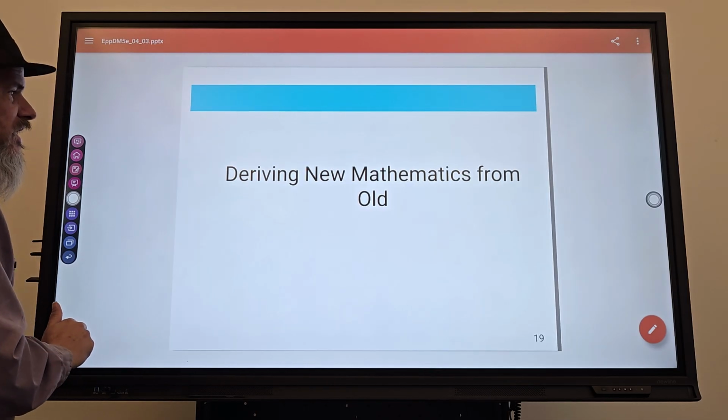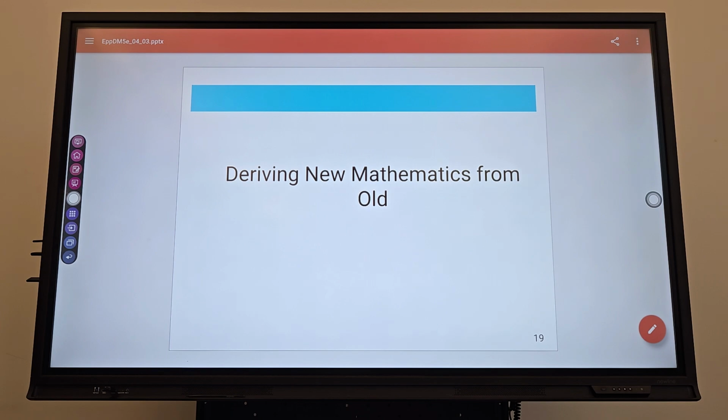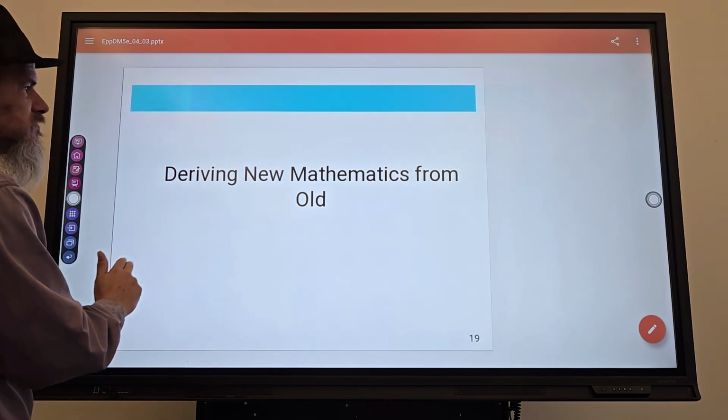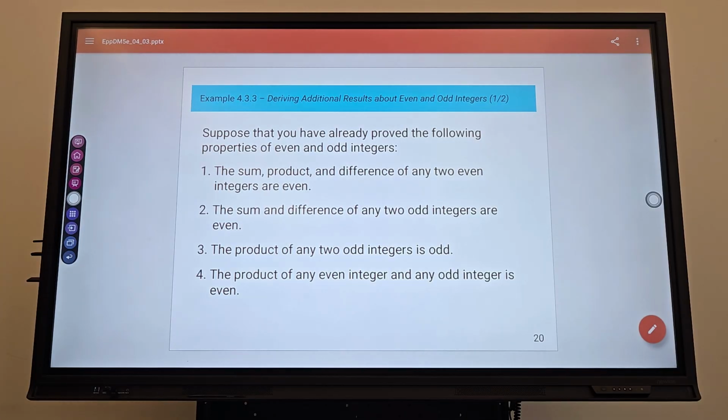So, deriving new mathematics from old. Suppose that you already proved the following properties of even and odd integers. The sum, product, and difference of any two even integers is even. The sum and difference of any two odd integers is even. The product of any two odd integers is odd.